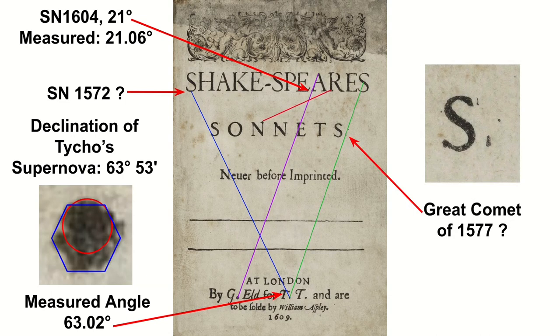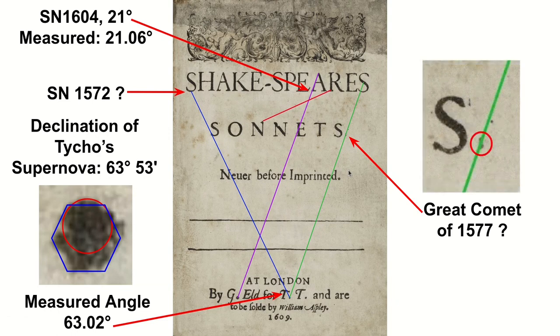So finally then, is this the Great Comet of 1577? And that does look a bit kind of comet-like, in the circumstances. Now, if we take a line from that very dot and draw it straight to this same point here, it will go straight through our suspected comet.